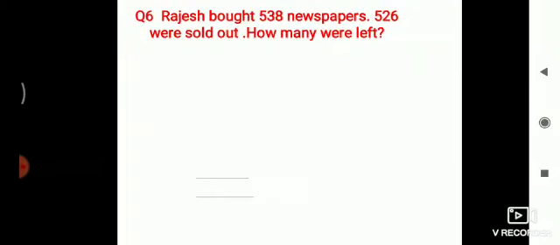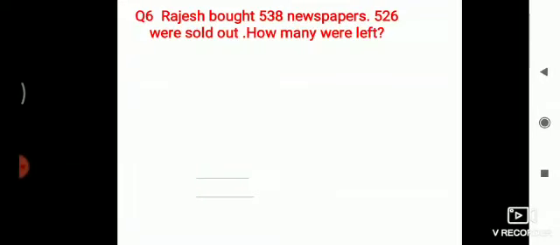Question number 6. Rajesh bought 538 newspapers. 526 were sold out. How many were left? Here it is given that Rajesh bought 538 newspapers and 526 of them were sold.